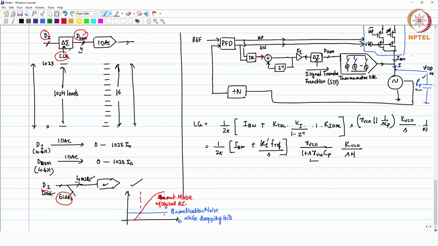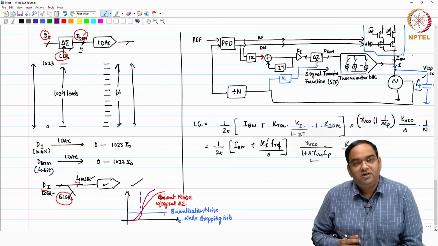Okay. And this kind of noise shaping actually depends on the clock frequency which you are using. So, quite often it also happens that you do not clock it at the reference frequency, you may take this clock and maybe divide by some factor n1 or some value and use this clock to shape this noise better, or something like this. Okay.